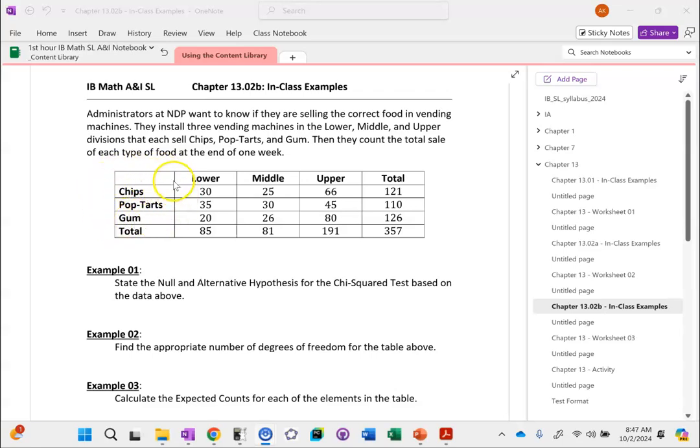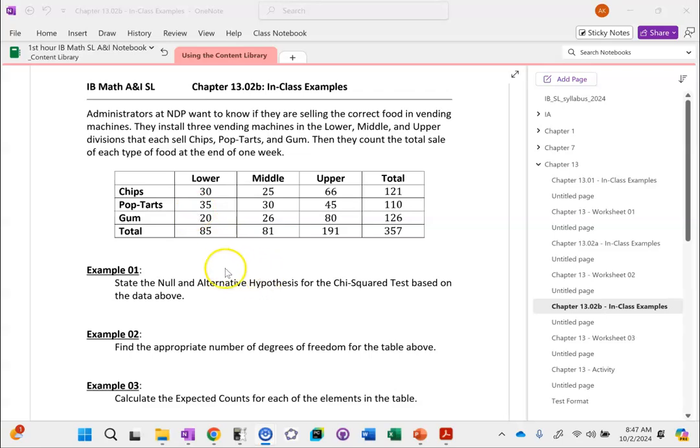I would say the food in the vending machine is independent of the division of the school. Sounds perfect. And the alternative is that they are dependent. You'd want to say what the two things are, but yes. In a conversational setting, that is perfectly fine.